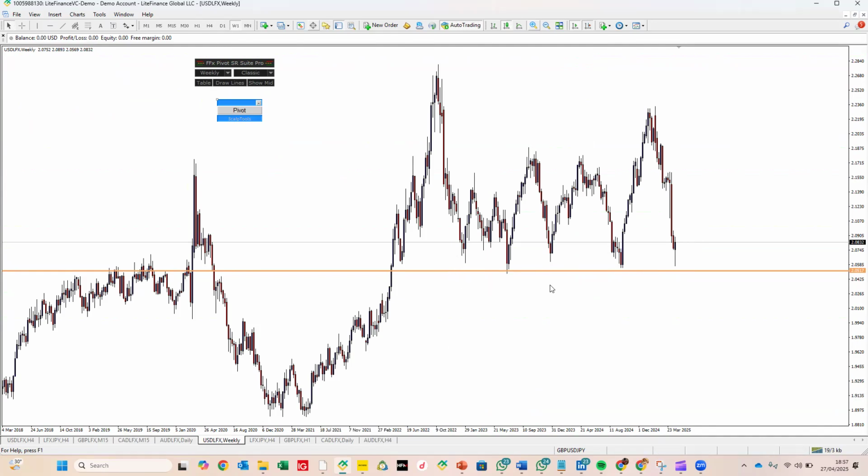Before we can determine whether price will go up or down, it is going to be based on the fundamental or macroeconomic indicators surrounding that economy.